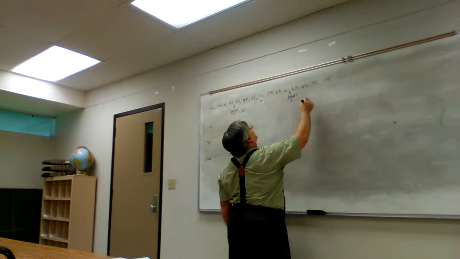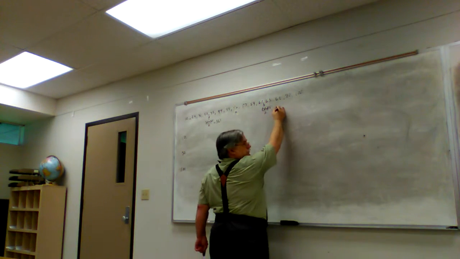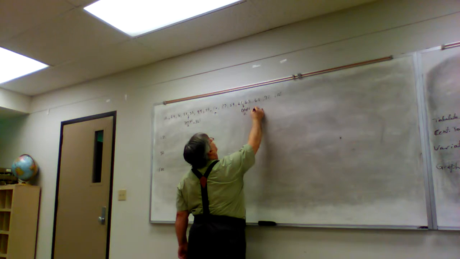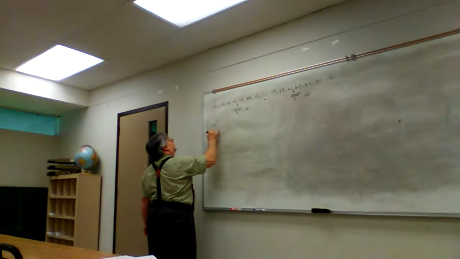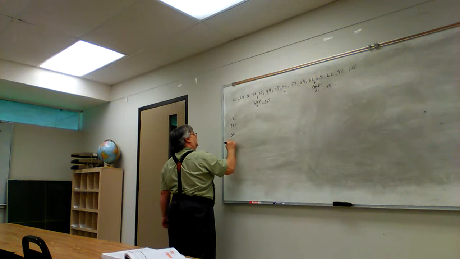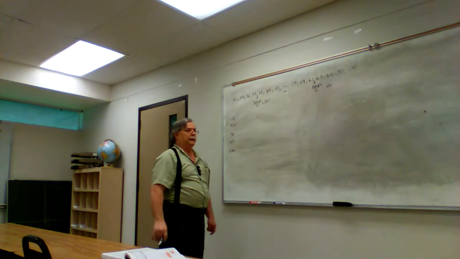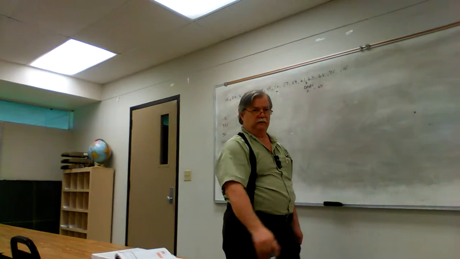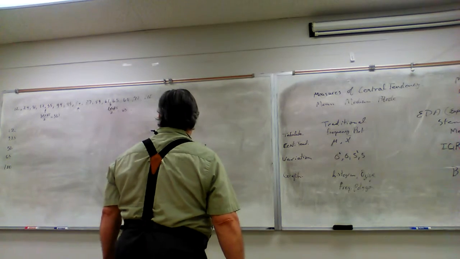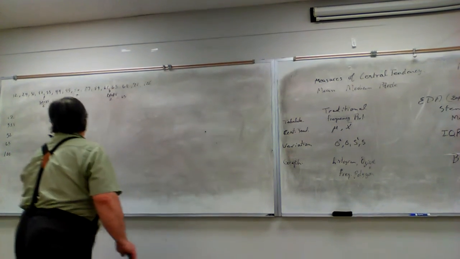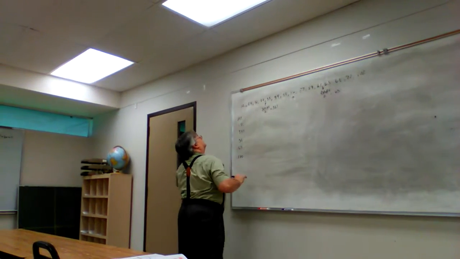Okay. All right. There's our five number summary. Now, this is for area 1.